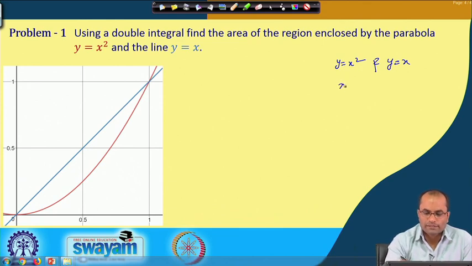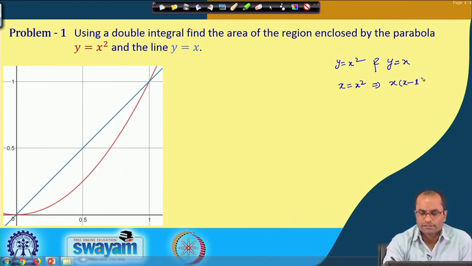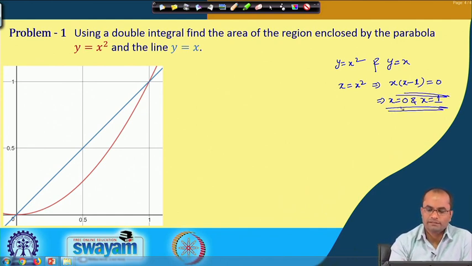So, y is equal to x square, and this will give us the point of intersection. So, x square minus x is equal to 0. So, we will get x is equal to 0 and x is equal to 1, these 2 points, and corresponding y, of course, we can easily get. So, here x is equal to 0 is this point where we have x 0 and y 0.